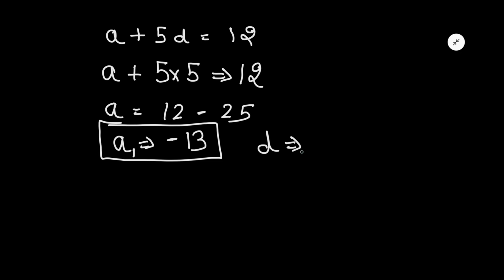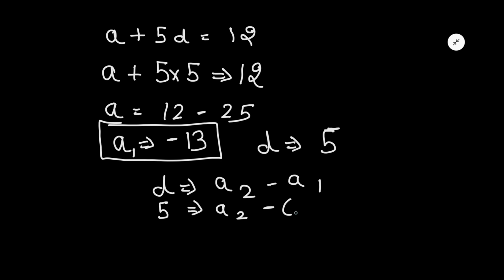We already found our common difference, which is 5. As we know, the value of d is equal to a2 minus a1. D we already found, which is 5, and the value of a1 is minus 13.